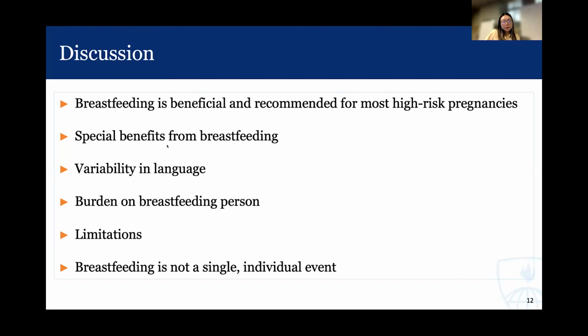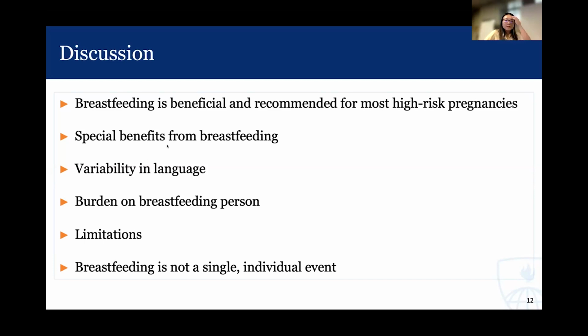It's also important to acknowledge that there are high-risk pregnancy situations in which breastfeeding has special benefits to the breastfeeding person in managing their conditions, like we talked about with diabetes before. This is the same with hypertension and also possibly with multiple sclerosis. Pregnant people with multiple sclerosis are recommended to breastfeed, and they might find it favorable to exclusively breastfeed because there may be a delayed relapse of MS due to a protective factor of breastfeeding.